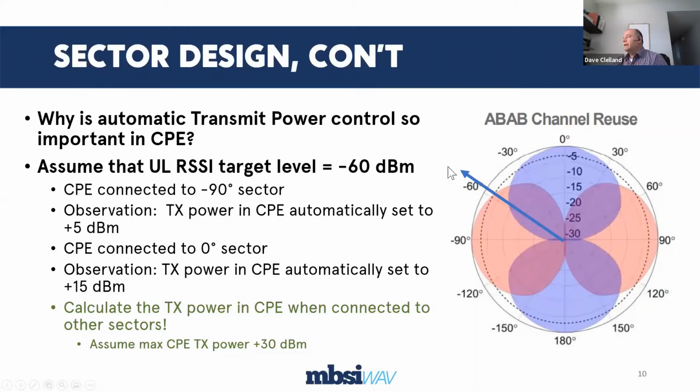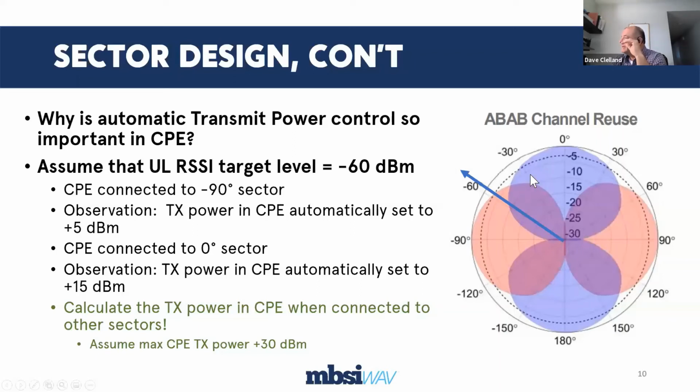What happens in our case where we are not on the best serving sector any longer? Because the antenna attenuation holds true in both directions, at the 60-degree point on my best serving sector I have 3 dB attenuation compared to the peak.